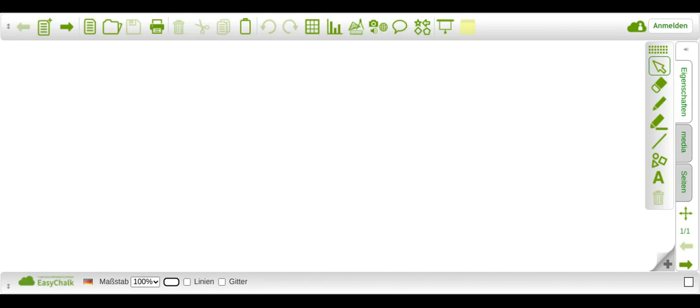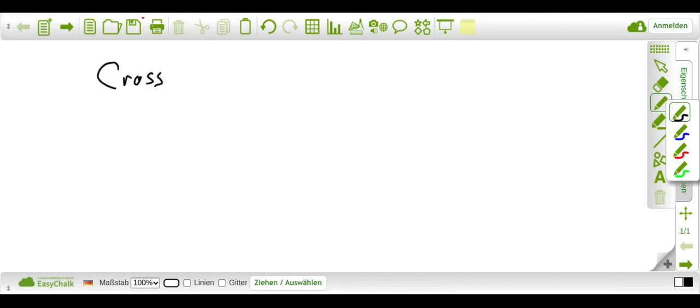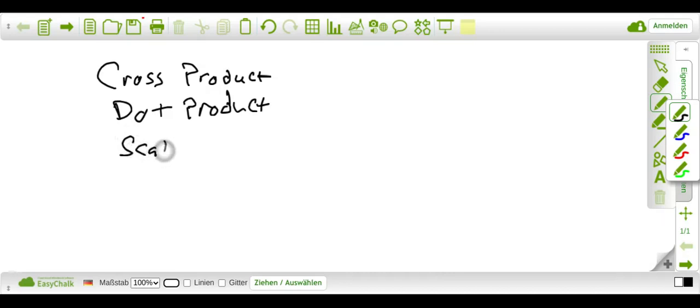And so here's how this is going to go. Again, we are going to talk about the cross product and the dot product. Now, these are both multiplication processes of vectors. So there's a third one, which is called scalar multiplication, and we have actually been doing scalar multiplication all year.